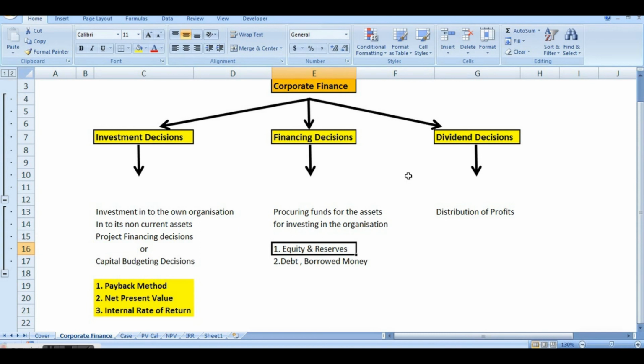The third decision that the organization has to take is the dividend decision. When the organization buys assets with the help of the financing it has done, obviously it is done to earn profits, and how to utilize those profits is again a decision to be made in the organization.